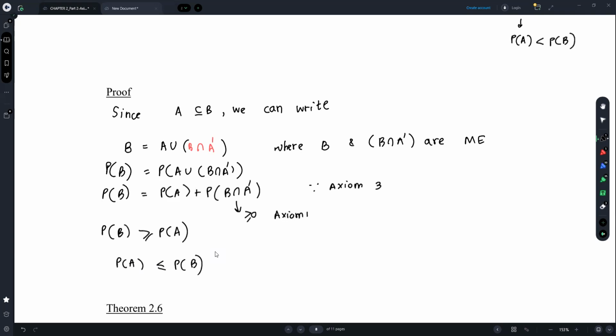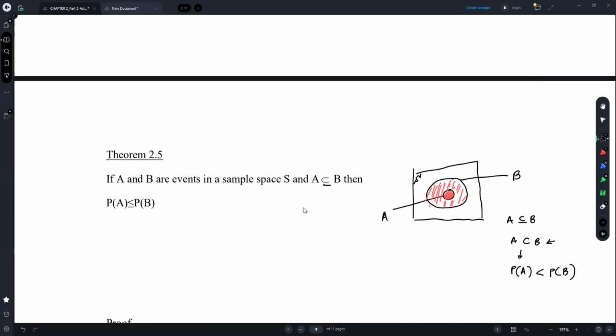Why? This is always greater than or equal to 0. If you get rid of this part, your right hand side is going to be smaller than the left hand side. So you end up with P(B) greater than or equal to P(A). Right? So that is how you prove that inequality. Okay?